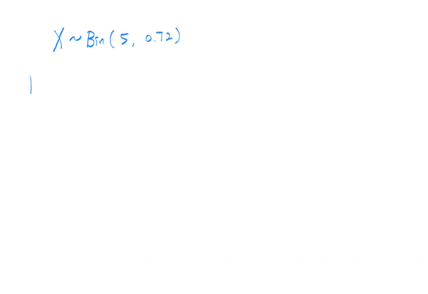So if I want you to get the probability of X equal to 3, I don't want to use the formula. Okay, I don't have to build the table. So what should I do to get this answer?